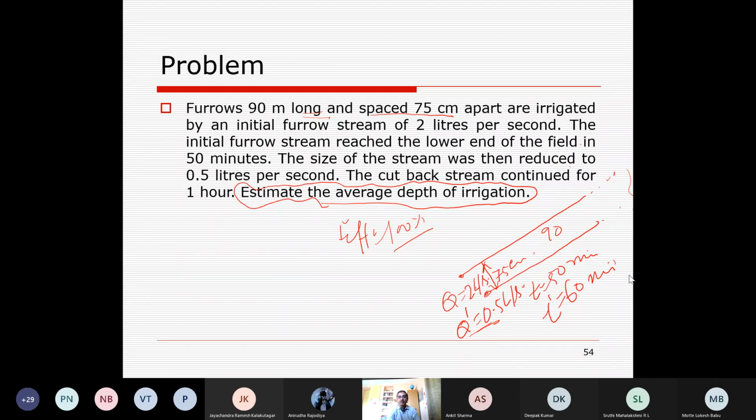Did you discuss among yourselves when I can get 2 hours of time to finish the remaining portion of irrigation methods, that is drip and sprinkler? When can you give me 2 hours? Friday, Saturday, Sunday? Note down the problem.